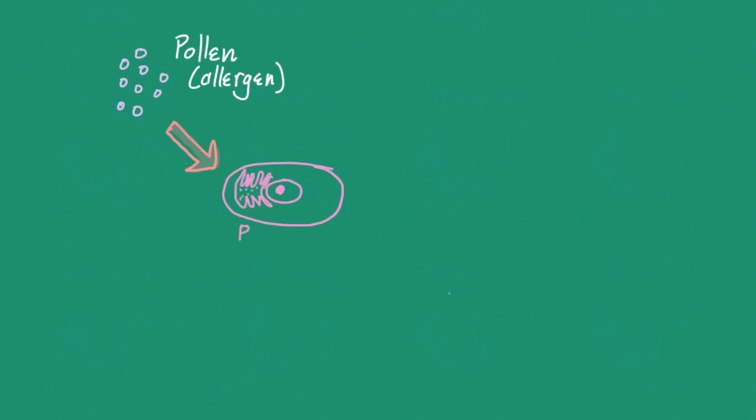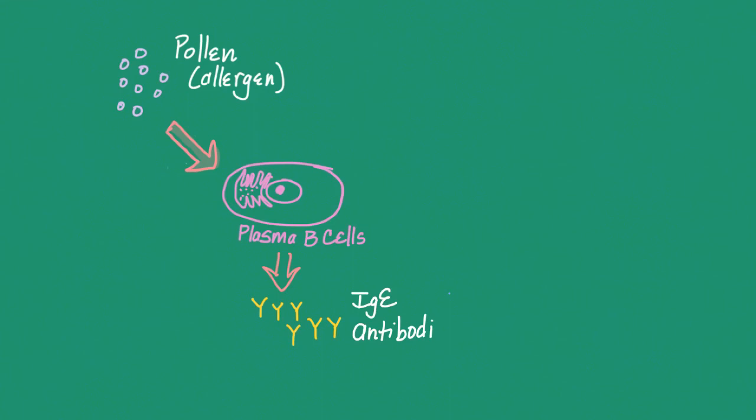The type of antibodies that are released by the plasma B cell, that is shown here in pink, are the IgE antibodies. If you remember, IgE antibodies are the class of antibodies that are involved in allergic reactions. So here in yellow are the IgE antibodies.